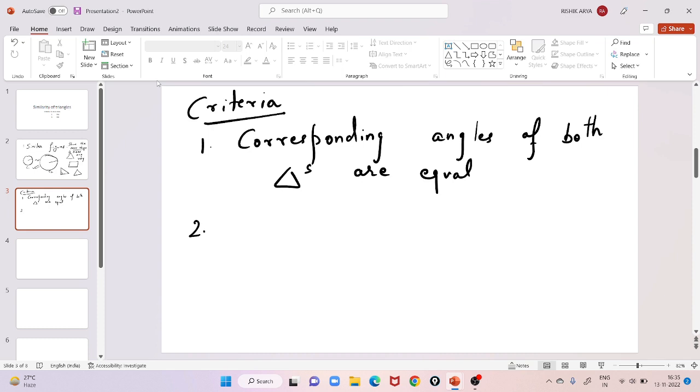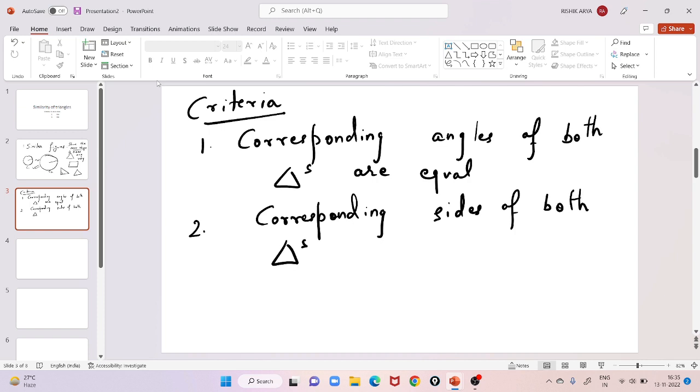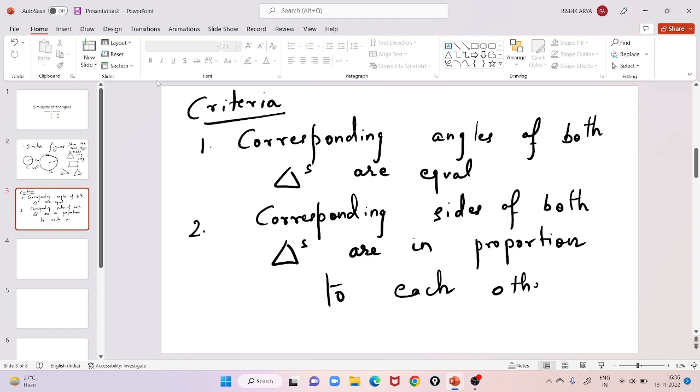And the second one is that corresponding sides of both triangles are in proportion to each other.